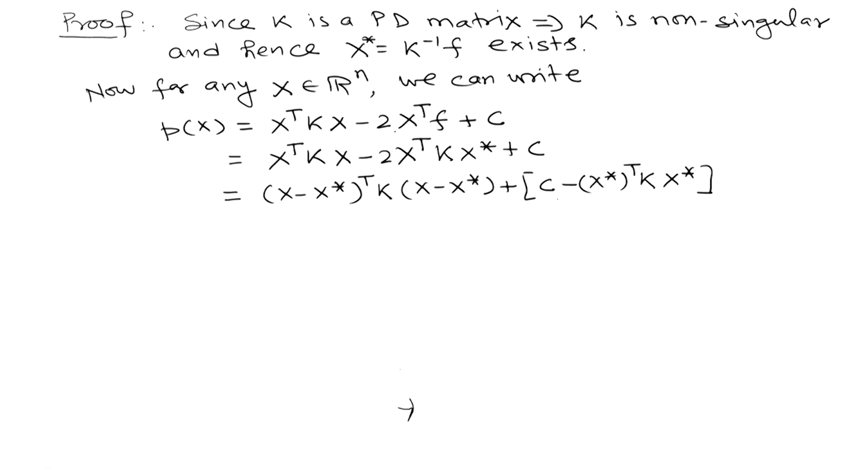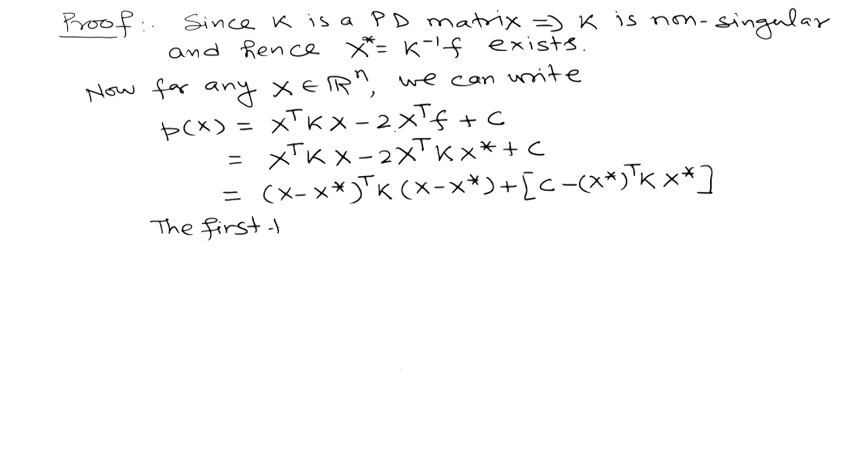Only in writing this I have used the symmetry of K, because K is a symmetric matrix, that is K equals K transpose, to identify x transpose K x star equals x star transpose K x. So, here I have used the symmetry of K.